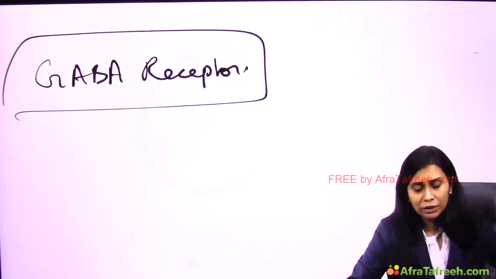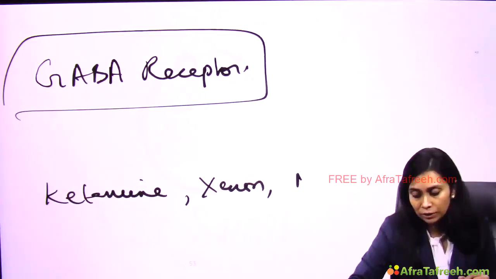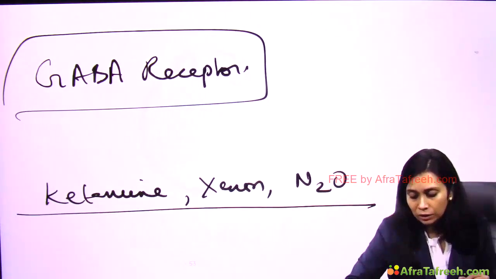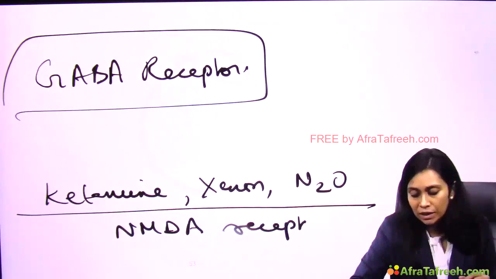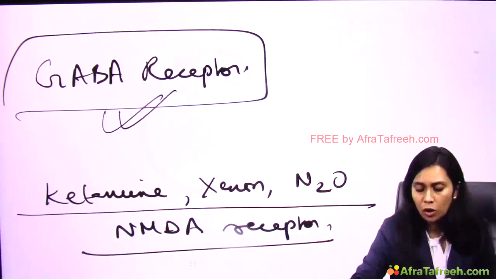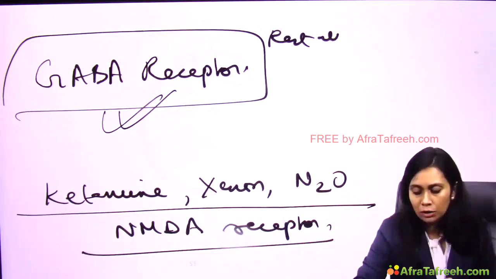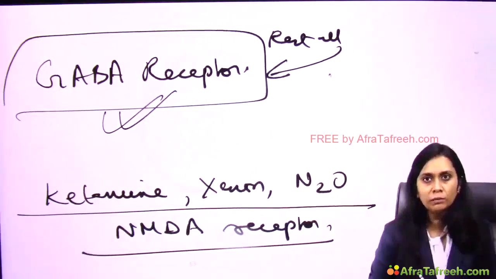In fact, three agents: ketamine, xenon and nitrous oxide. These three act on the NMDA receptor, the N-methyl-D-aspartate receptor. Got it? Rest all anesthetic agents act on the GABA receptor in the brain. Okay? Fine.